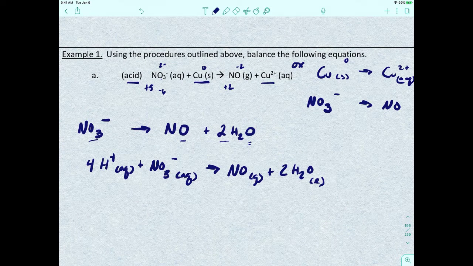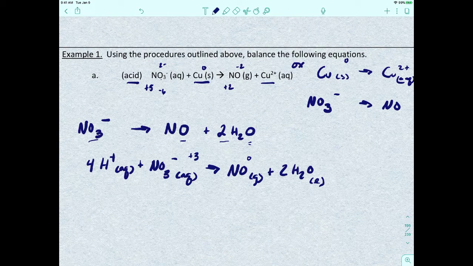Now we need to balance each half reaction for charge, and we're going to have to add electrons to the side with a greater positive charge. So you've got 4 times plus 1, which is plus 4, plus a minus 1. So on the left-hand side, you've got a plus 3 charge. On the right-hand side, none of this is charged, so 0.